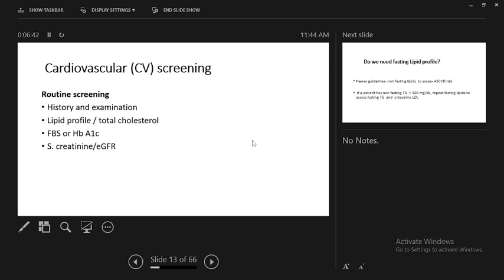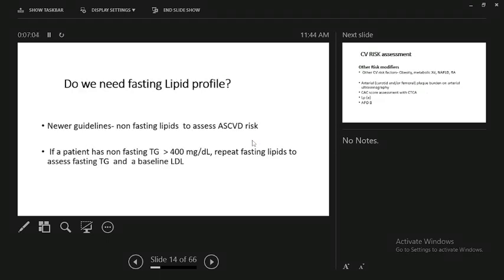If the facilities are not available, you can do the total cholesterol initially, which is what the Ministry recommends for all patients above 35 years, that we need to do cardiovascular screening. And blood sugars, fasting blood sugar, HbA1c, and serum creatinine and eGFR are very important to exclude chronic kidney disease.